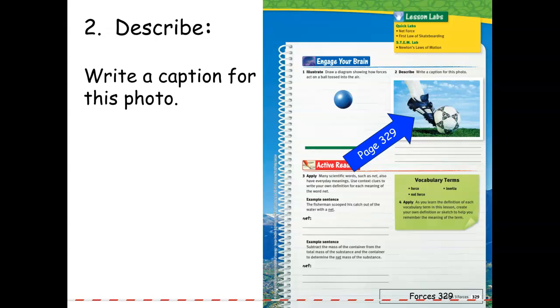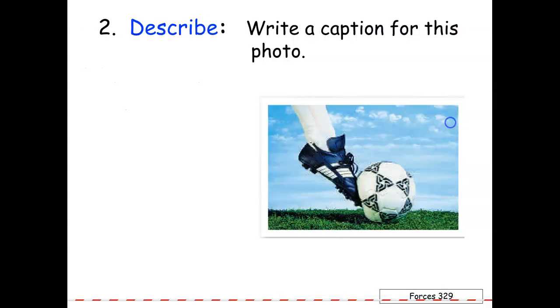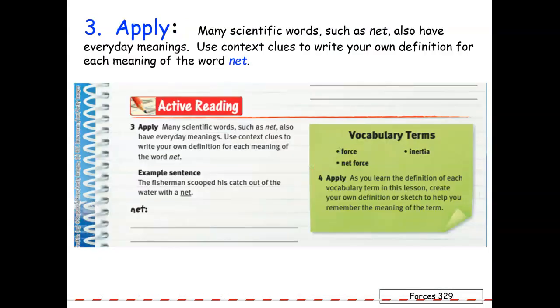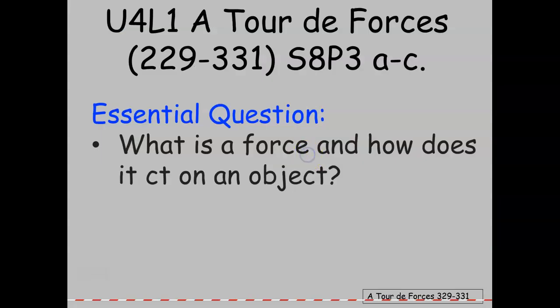The next question, number 2, asks you to write a caption for this photo. It's got a photo of a person kicking a soccer ball. So you should put something that talks about how when the person kicks the soccer ball, they're adding a force.